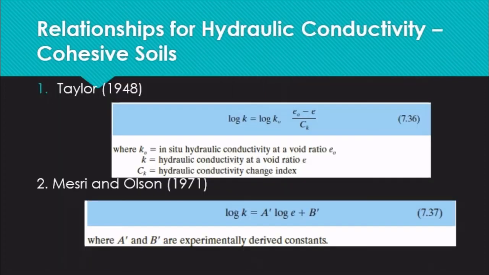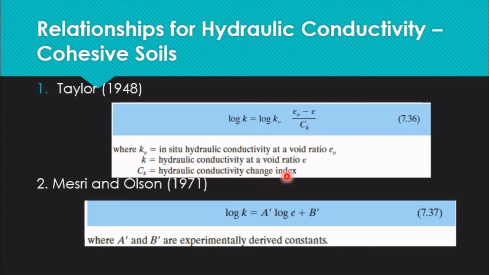So, for cohesive soils naman, ibig sabihin ito yung mga medyo fine-grained, yung mga clay. So, number 1, ang sabi ni Taylor, log K is equal to log K naught. K naught means the in situ hydraulic conductivity at the void ratio of E naught, or the initial void ratio. And then, hydraulic conductivity at the void ratio E. And then, hydraulic conductivity change index.